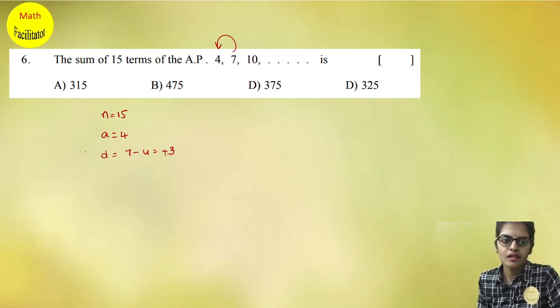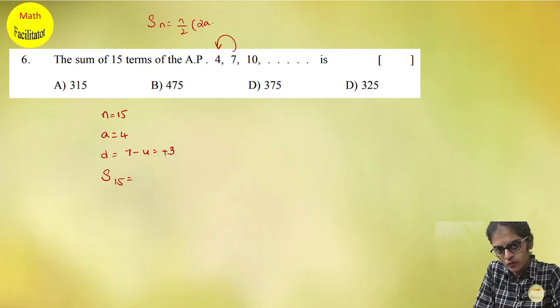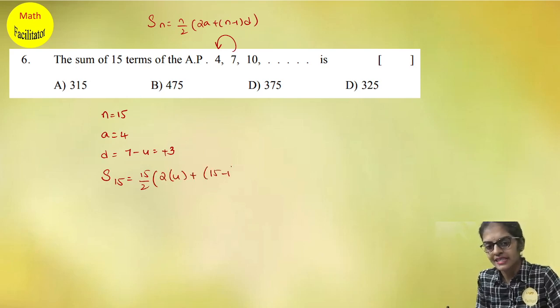Okay, so the sum of 15 terms. S15 I want. S15 means what is the formula? Sn is equal to n by 2 into 2a plus n minus 1 into d. So S15 means 15 by 2 into 2a plus 15 minus 1 into d, which is 3.